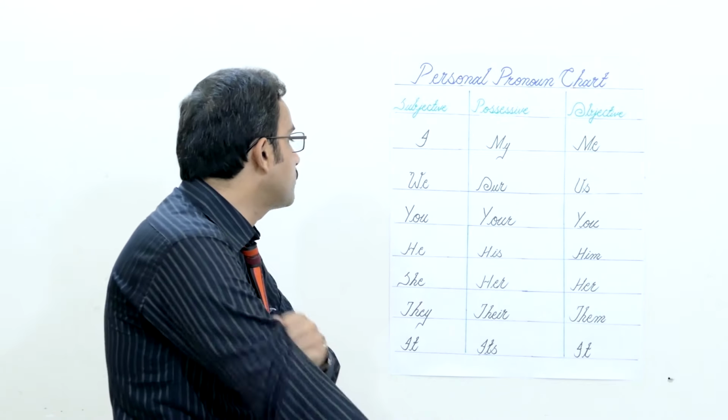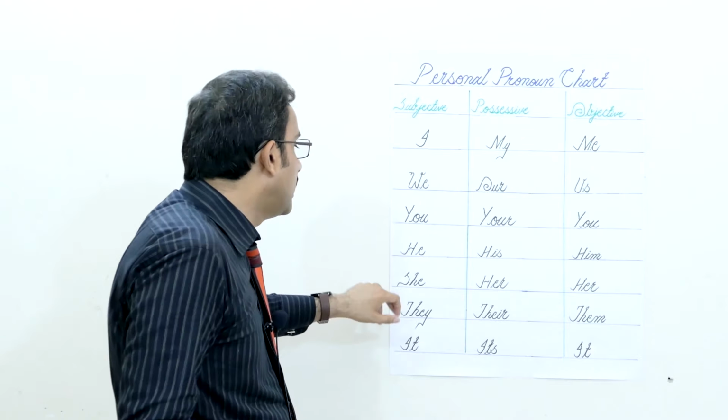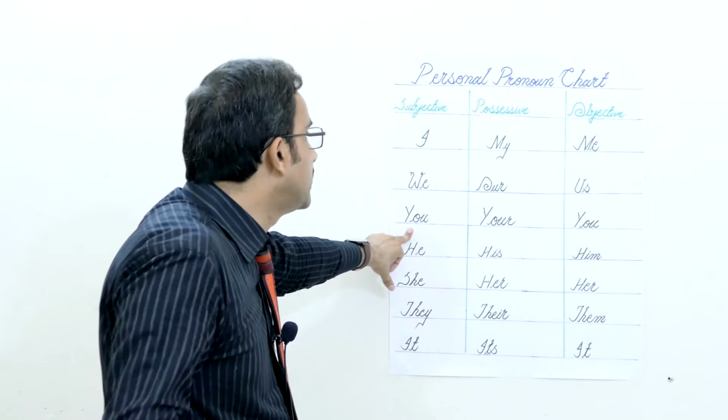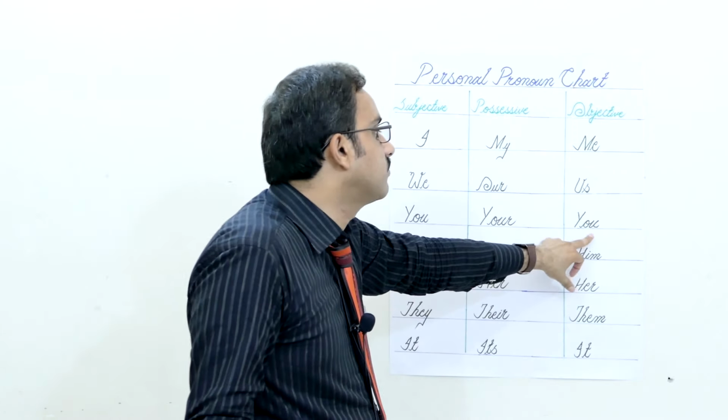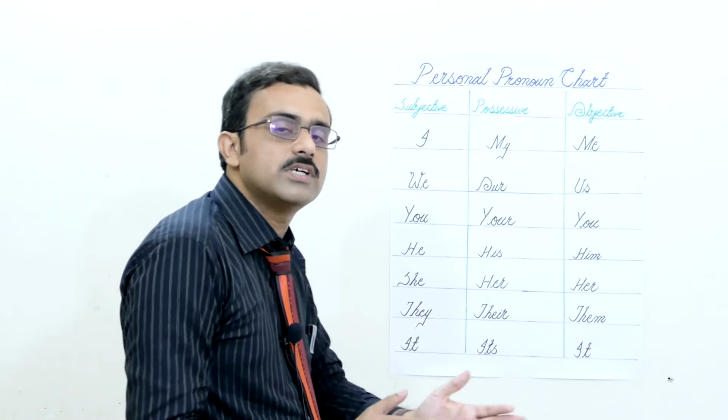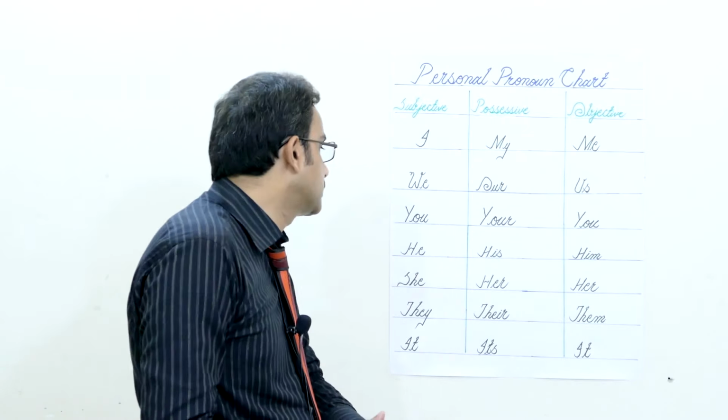Then we have the second person pronoun, and this is you. You, subjective case, changes into objective case you. You has the same subjective case and the same objective case.